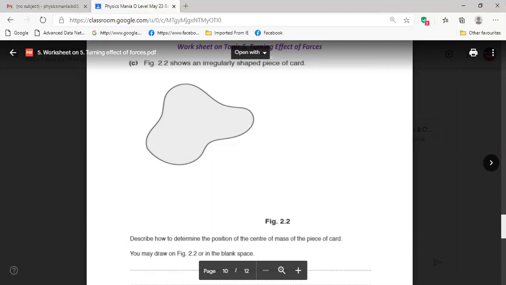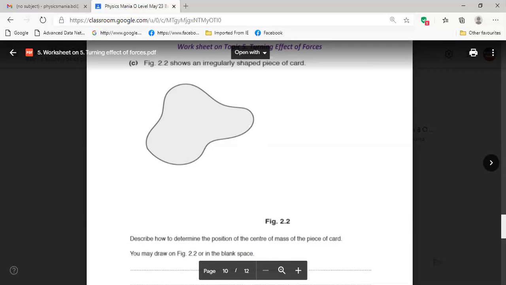First, we are going to drill a hole on a random side, and then hold it with a clamp, and attach a plumb line to it. We will plot a line just behind the plumb line, and then repeat this for different sides, and where all the lines intersect, this is the center of gravity.